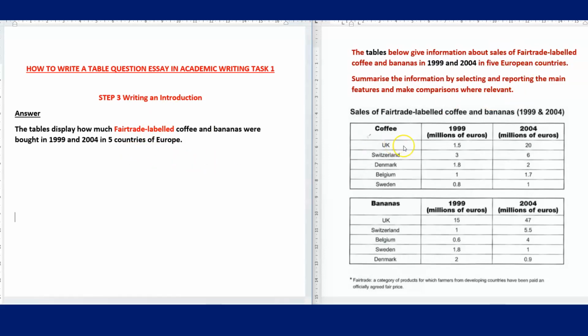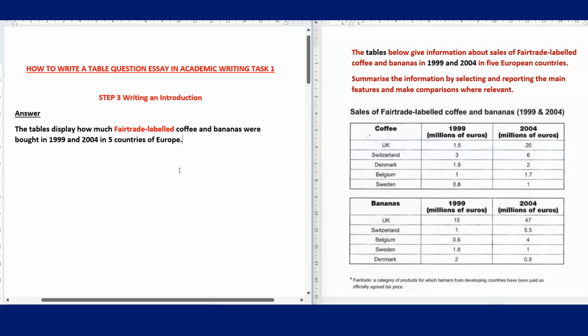Now, one thing I should tell you here is that sometimes I could choose to just list those countries, like UK, Switzerland, Denmark, Belgium, and Sweden. But I always give you this caution: when the variables you are using are more than 3, don't list them. Don't list UK, Switzerland, Denmark, Belgium, Sweden in the introduction.